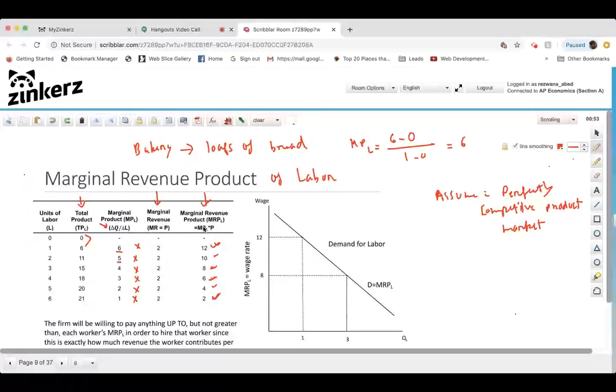Okay, and what this number is telling me is that for the first worker, the additional output they were able to make was 6 loaves of bread per hour. And we were able to sell each loaf of bread for $2.